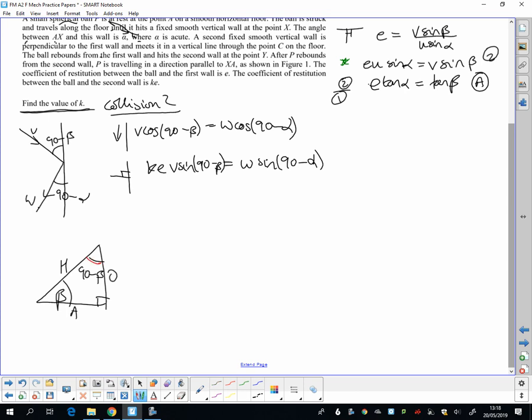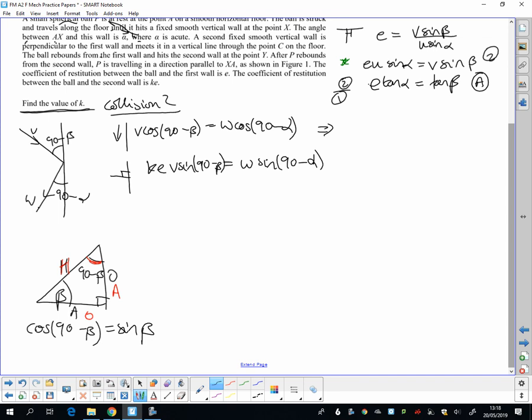If I label the sides relative to 90 minus beta, that's the opposite, that's the adjacent, and that's still the hypotenuse. And so you can see from the triangle that, for example, cos of 90 minus beta, which would be the red adjacent over the hypotenuse, is the same as sin of beta. And I can use that to write these equations in a more useful way.